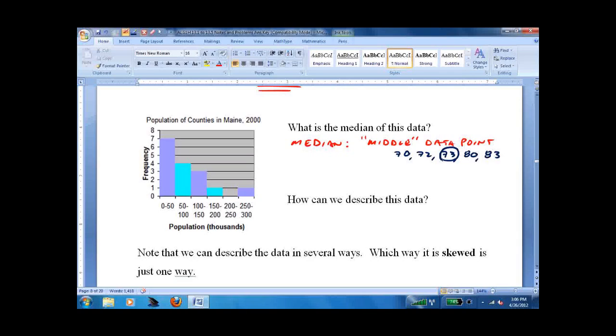and average them. So back to this, we have 7 data points in the first column. We have 4 in the next one, 3 in the next one, 1 in the next one, 1 in the last one. Add them up. We get 16 data points.